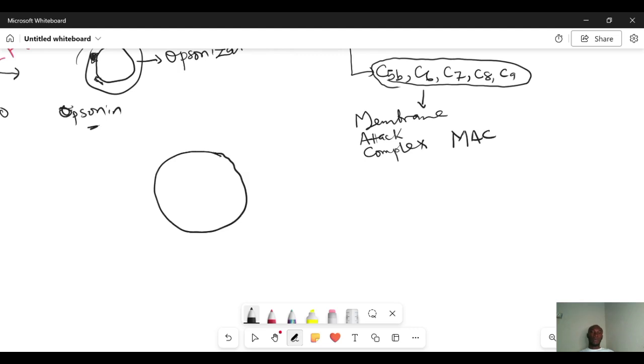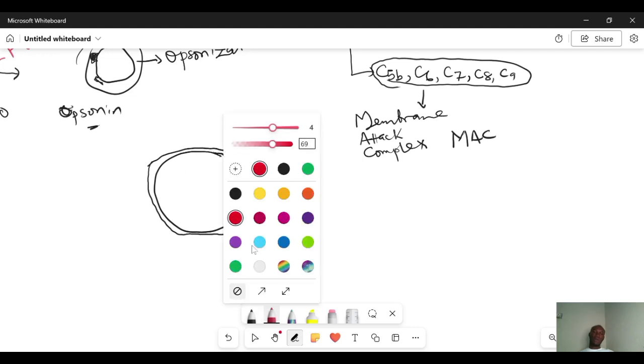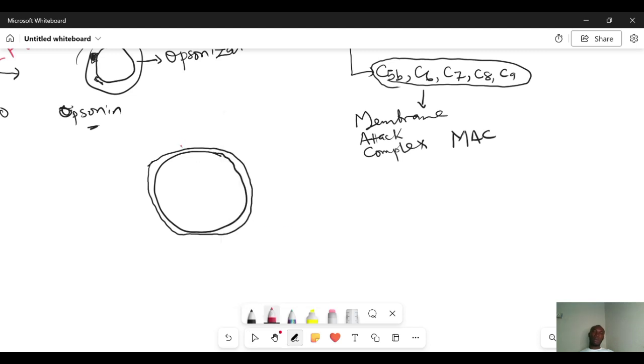Alright, so we have this bacteria here, and this is the membrane of the bacteria. So what the MAC does is that it injects itself along the membrane of a bacteria, and this opens a channel for calcium to go into the cell, the bacterial cell in this instance.